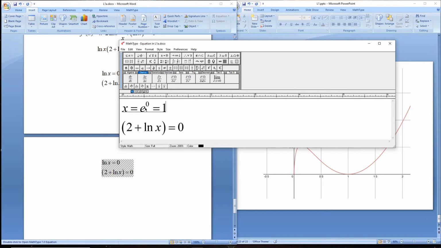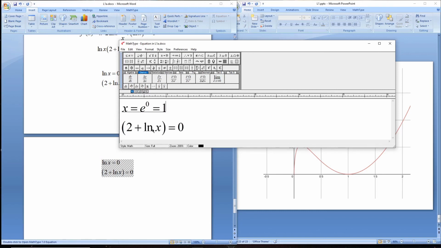Actually, 0 raised to the 0 is undefined, now that I think about it. 0 raised to the 0. Even in math, nothing raised to nothing can't get something out of that. So that's what we get for our first one, x equals 1.